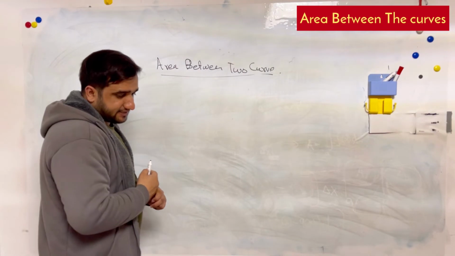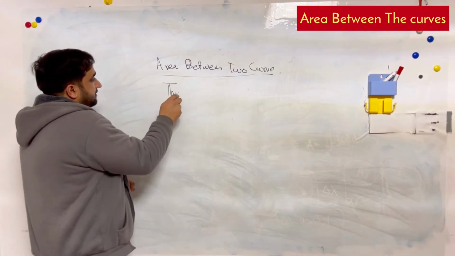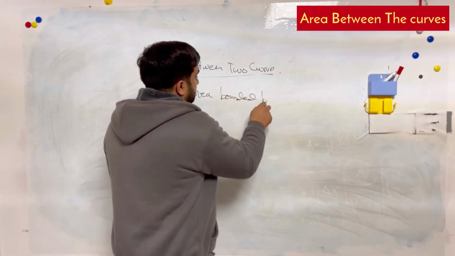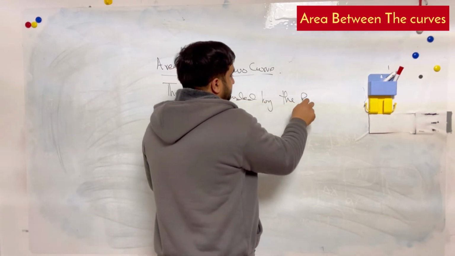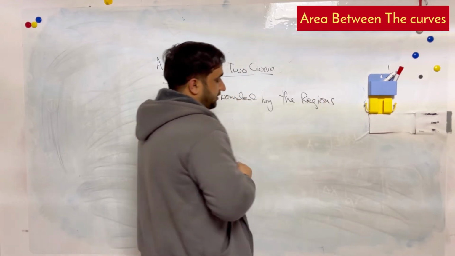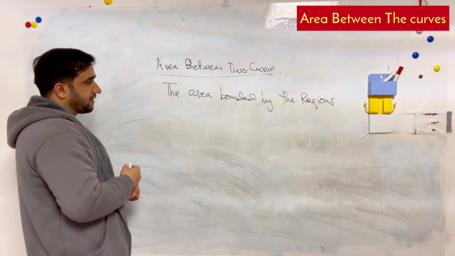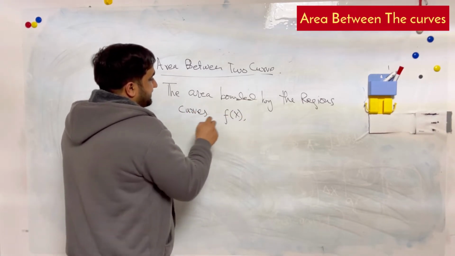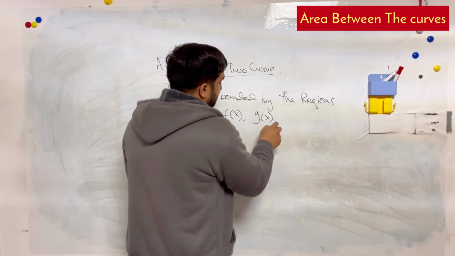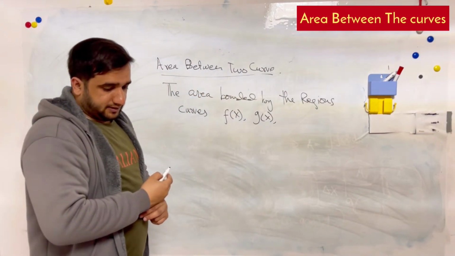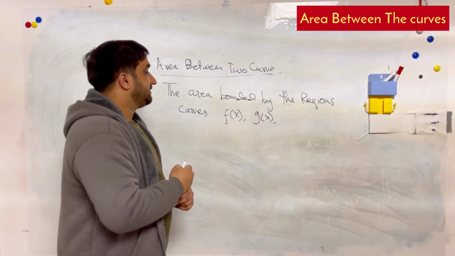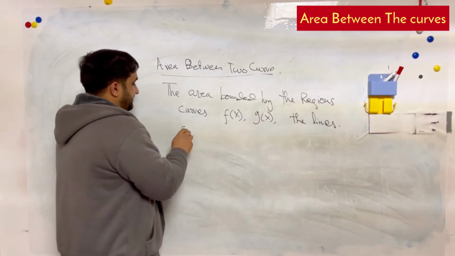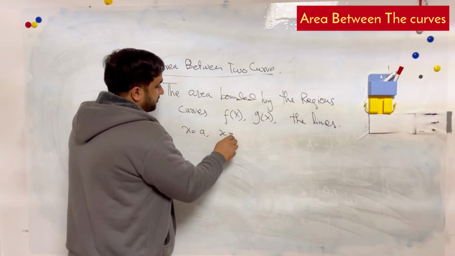The definition says the area bounded by the region covered by the two curves, let's say f of x and g of x, and the lines x equals A and x equals B.